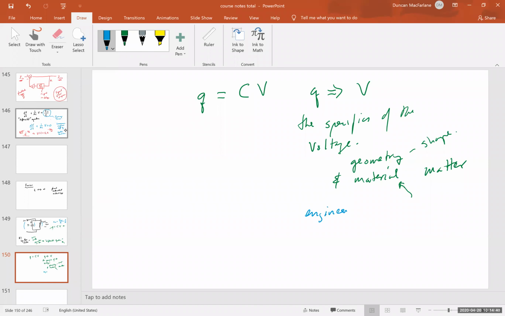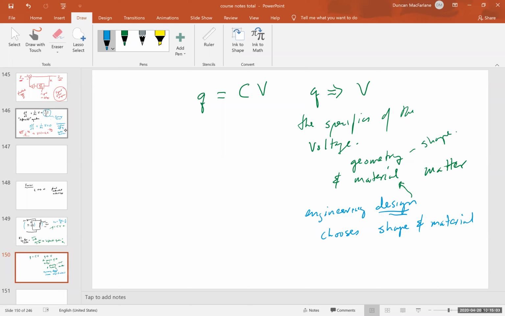Now, one of the things that I want to note for you is engineering design chooses shape and material. So we get to design our capacitors.